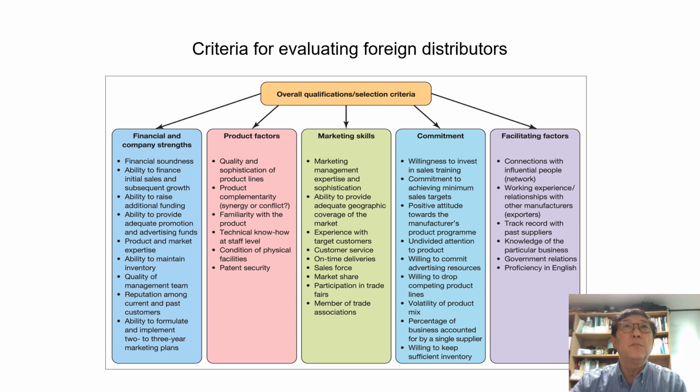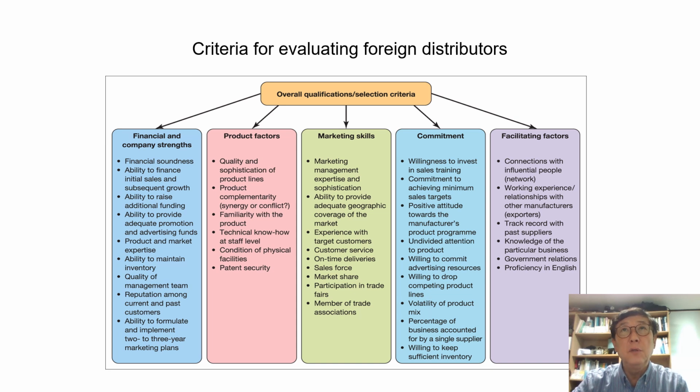The second one is product factors: quality and sophistication, familiarity, technical know-how, and patent issues. If your product is very refined and sophisticated, then you need such an intermediary. Otherwise, your products cannot be treated properly. The third one, as we can imagine, is marketing.